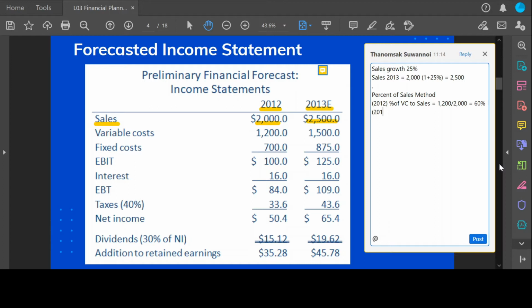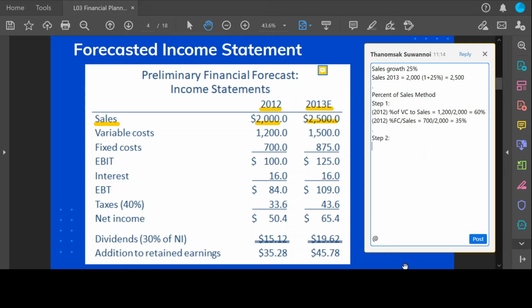Also, we can calculate percent of fixed cost to sales in 2012 by using 700 divided by 2,000, which is equal to 35%.